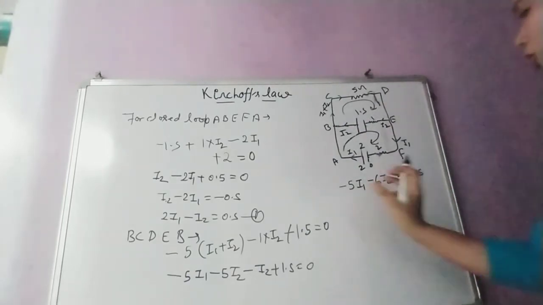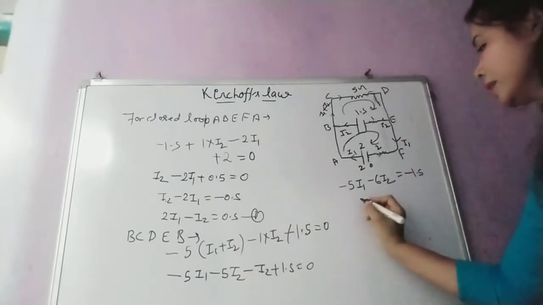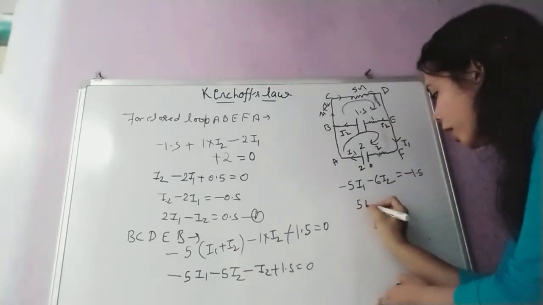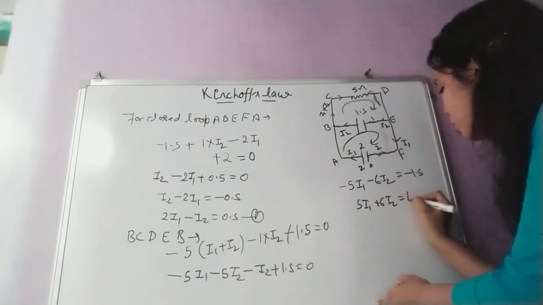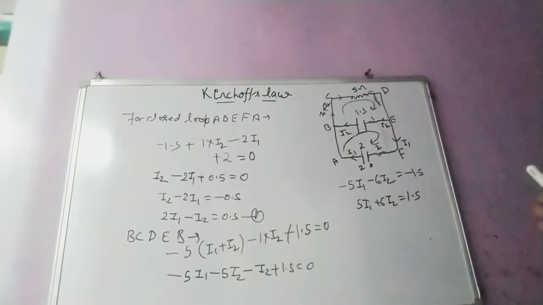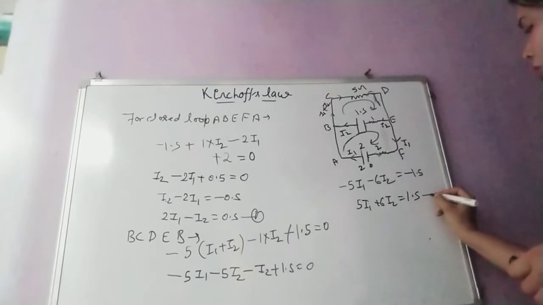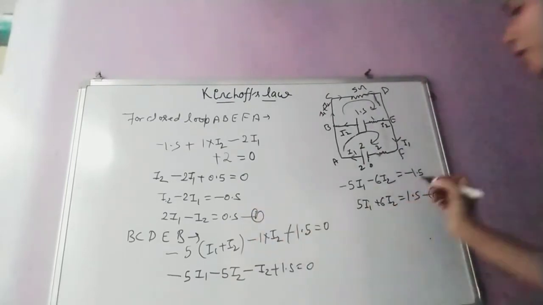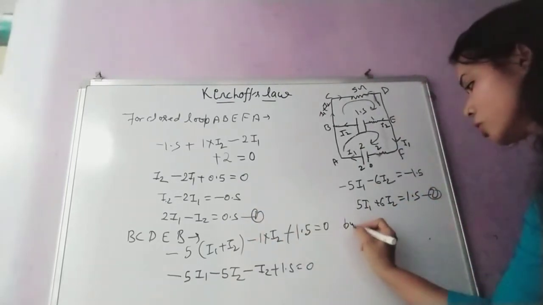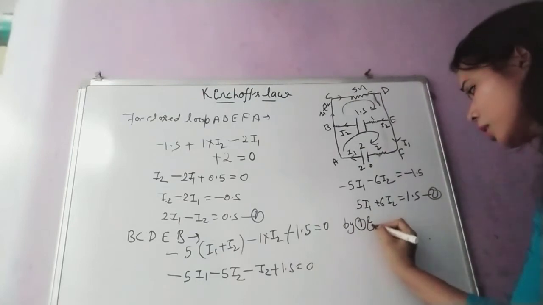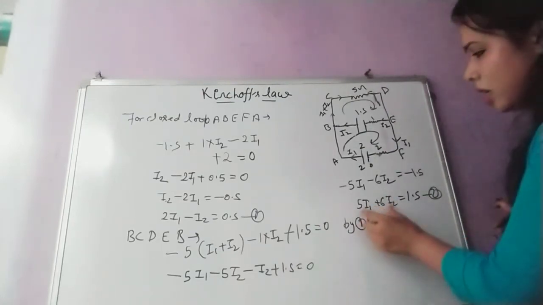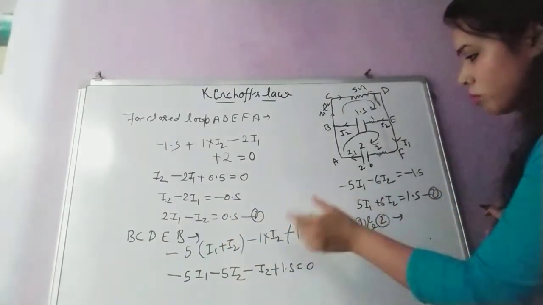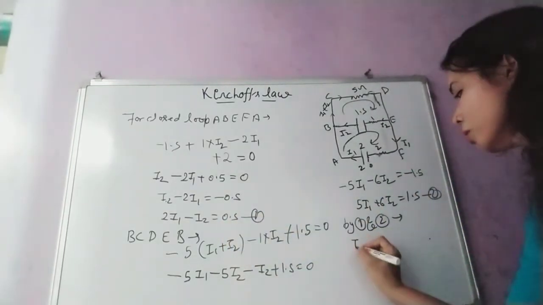Now you can take the common minus sign and it will be cancelled, and you will get 5 I1 plus 6 I2 equals 1.5. Now by solving these two equations, 1 and 2, you can solve it. In class 10th you have studied how to solve two equations. By solving these two equations you can get the values of I1 and I2.